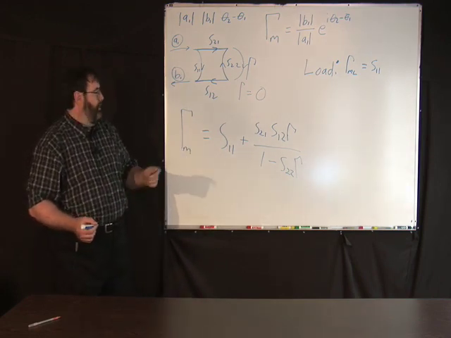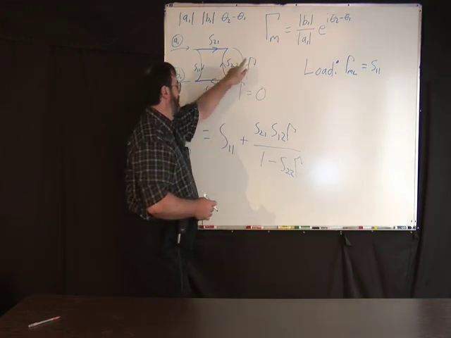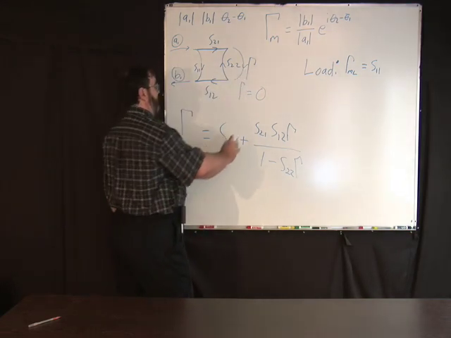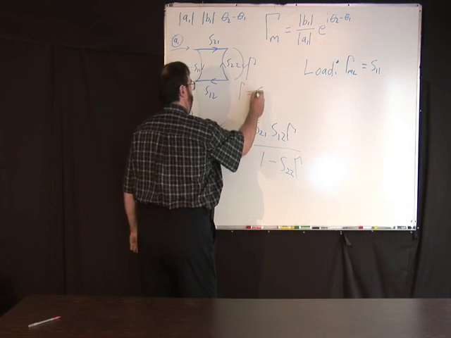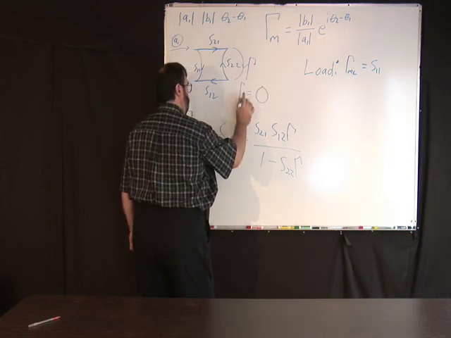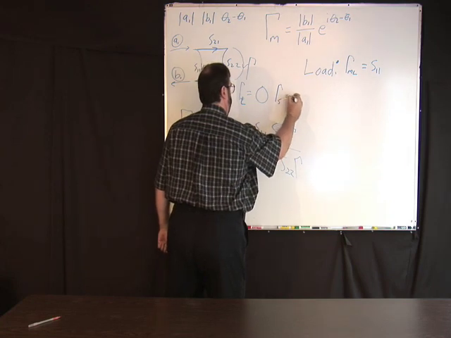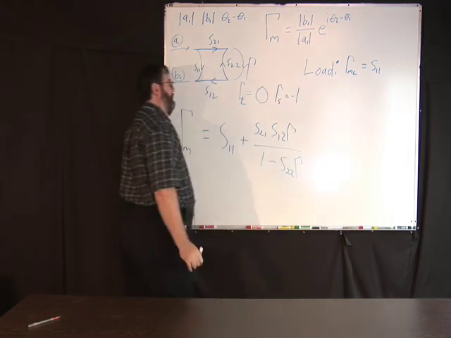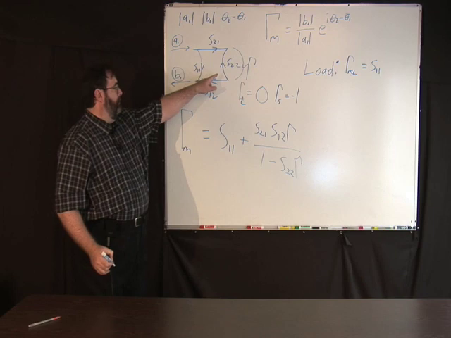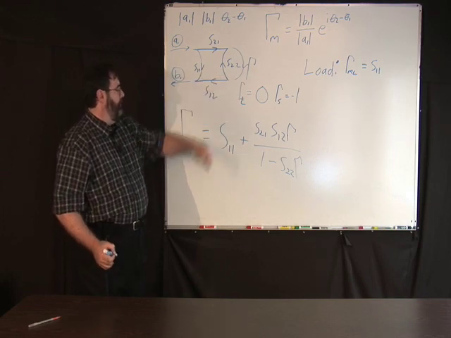The next thing you would normally do is put a short on this end. In the case of a short, gamma is -1. What happens when you put a short on there?